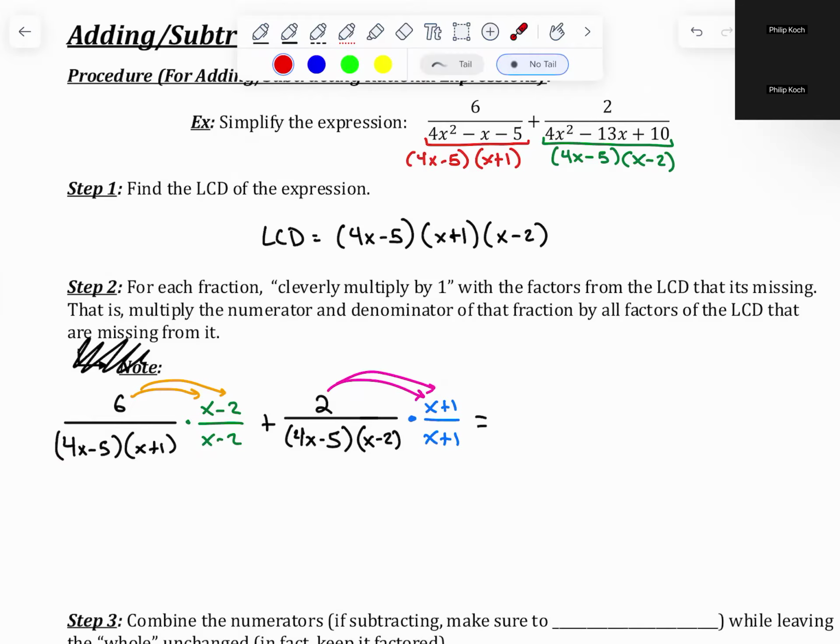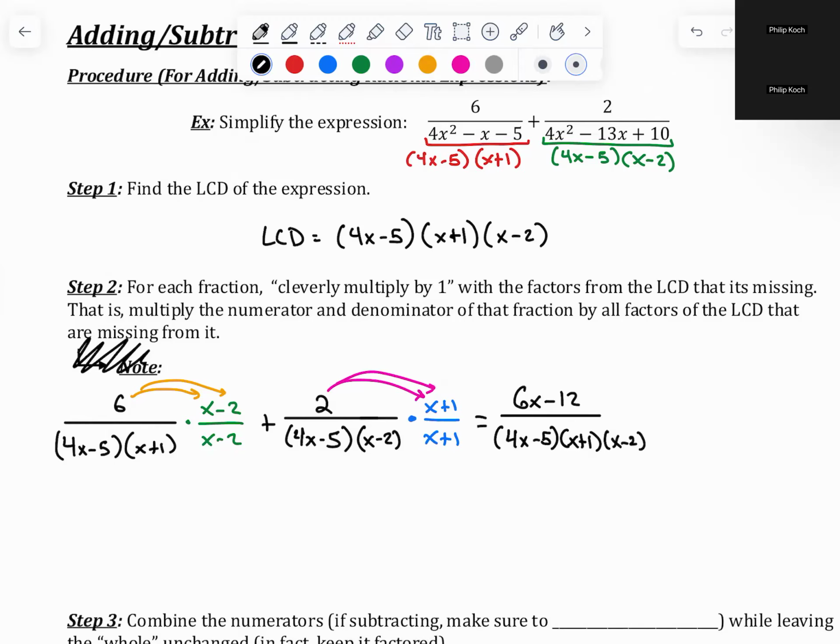So what we're going to see is we've got 6x minus 12 divided by 4x minus 5 times x plus 1 times x minus 2, plus 2x plus 2 divided by 4x minus 5 times x plus 1 times x minus 2.